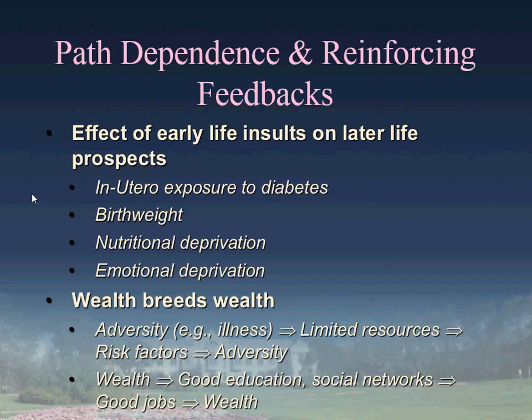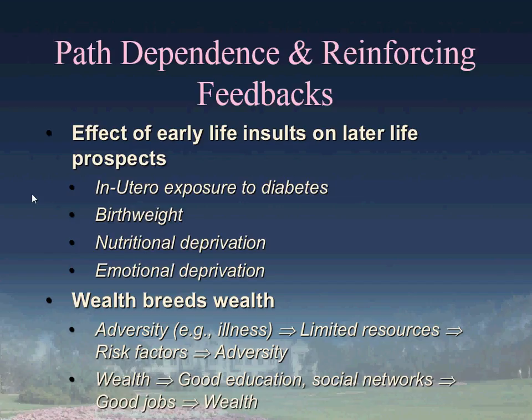Since the work of Barker in the UK in looking at the effects on children exposed to deprivation in the working class context of early 1900s and mid 1900s England, the effects of early life insults in terms of the long shadows they cast on later life health outcomes, in terms of chronic disease outcomes, in terms of immune system strength, in terms of length and quality of life.